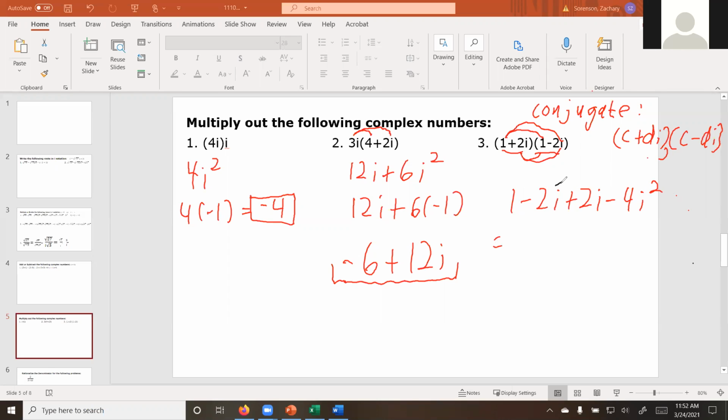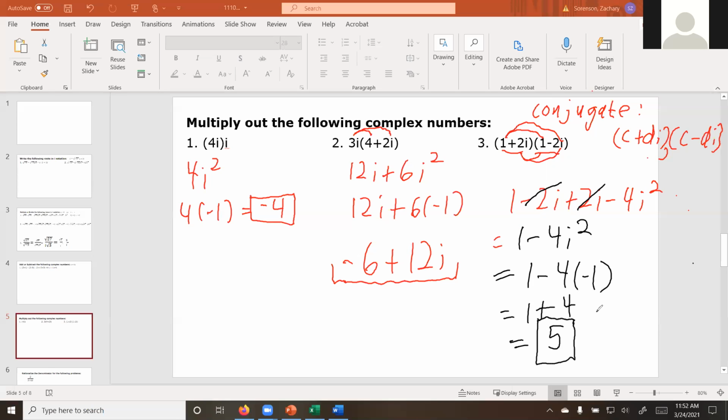I have a -2i, I have a positive 2i, so those certainly go away. Put the -1 where it's squared. I get 1 plus 4, which is 5.